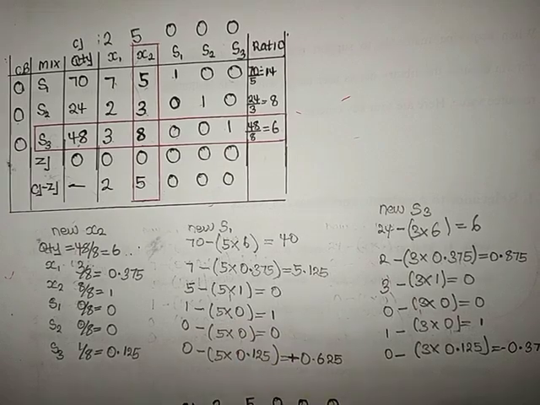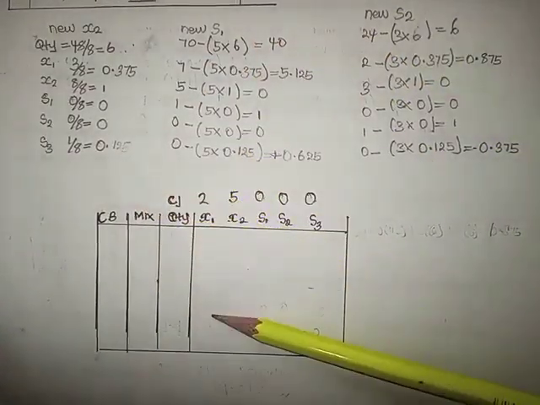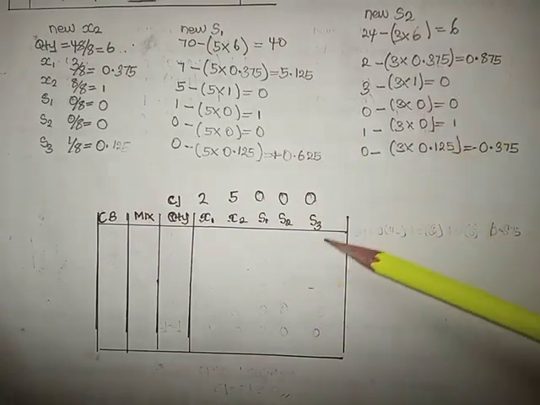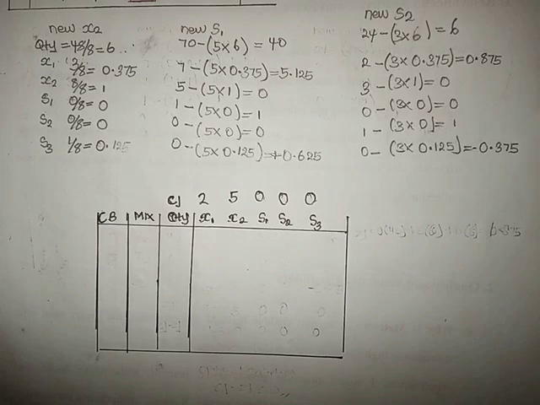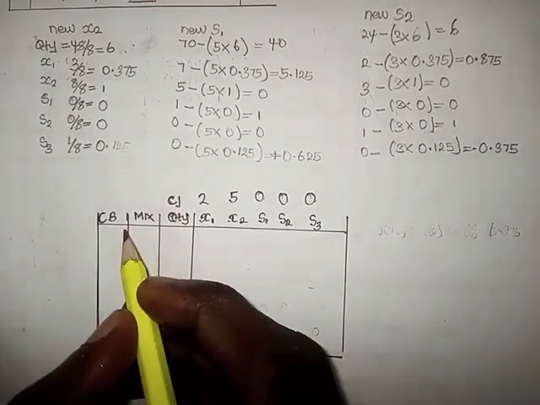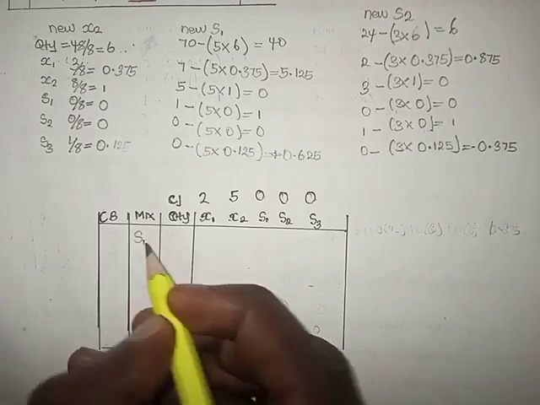Now the next thing for us to do is to input all these values into our new table for X2, S1, and S2. So I'm going to start with my S1.